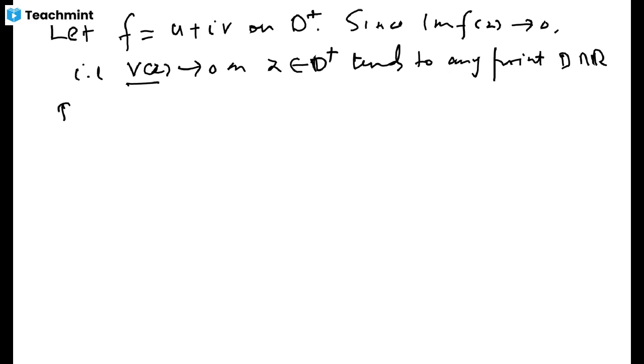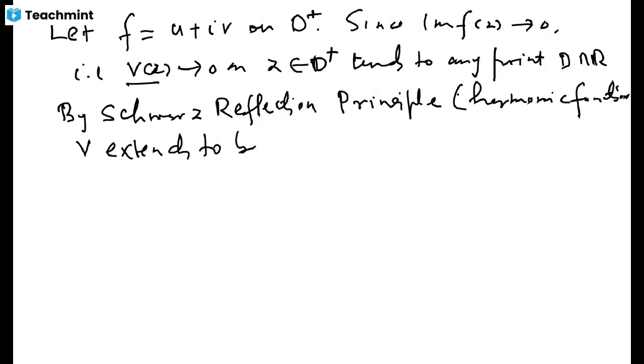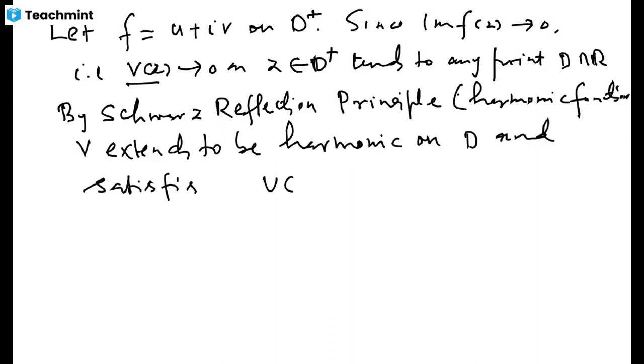So by Schwarz's reflection principle for harmonic functions, v extends to be harmonic on the whole of domain D and also satisfies the identity v(z conjugate) equals minus v(z) for every z in D. So V is a harmonic function, and according to the hypothesis on f, we get the hypothesis of the reflection principle for harmonic functions on v, and we extend v to be harmonic on the whole of the domain D.